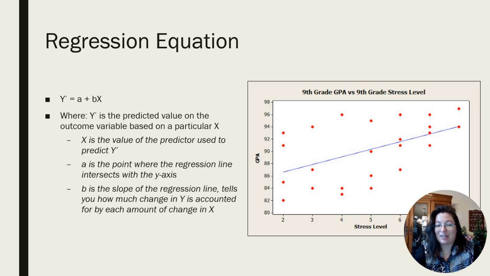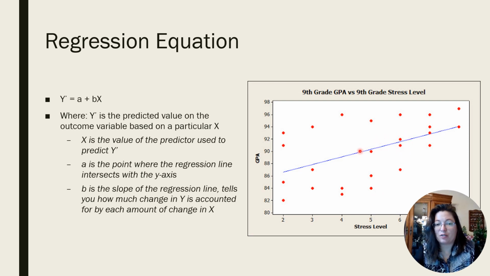Now, of course, we're not going to be exact. As you can see, our actual data points are not exactly on the line, but they're close to it. So this is a model that works for the majority of the sample, but not perfectly for every single participant.